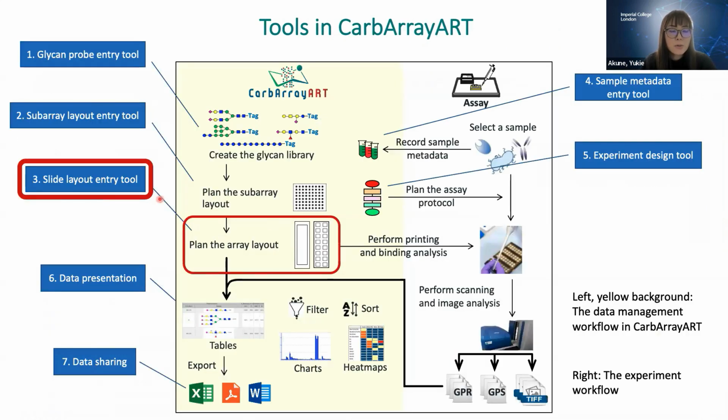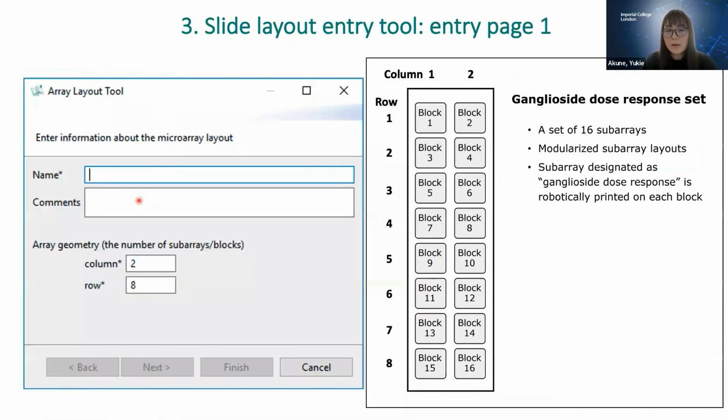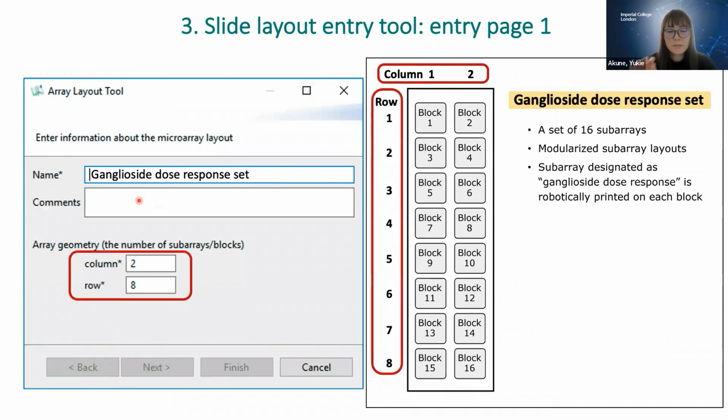Moving forward to the slide layout. The slide layout is the arrangement of the subarrays in one slide. So in this example, the name is ganglioside dose response set, and the columns and rows of subarrays used in one slide are 2 by 8.